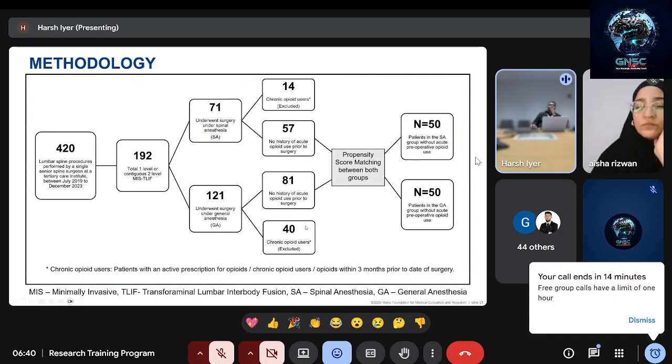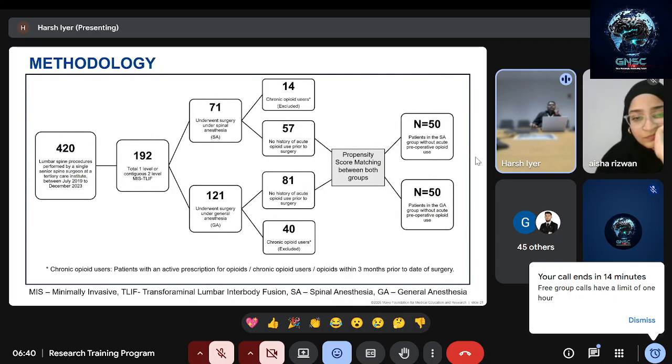That's the reason why we excluded 40 patients from the general anesthesia group and 14 patients from the spinal anesthesia group that were taking chronic opioids, so that we would have as homogeneous a cohort across both anesthesia types.